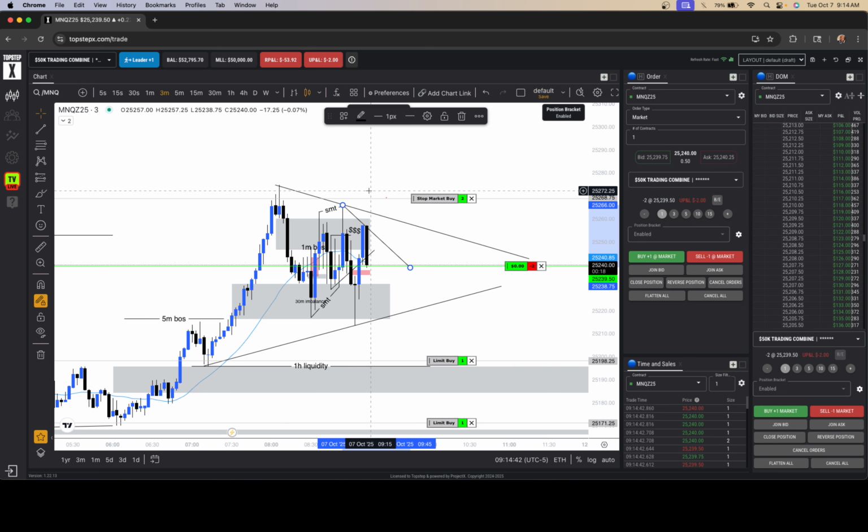Letting price do its thing. We're now kind of break even again on this trade. We want to see an inverse of this imbalance instead of it pushing us to the upside.